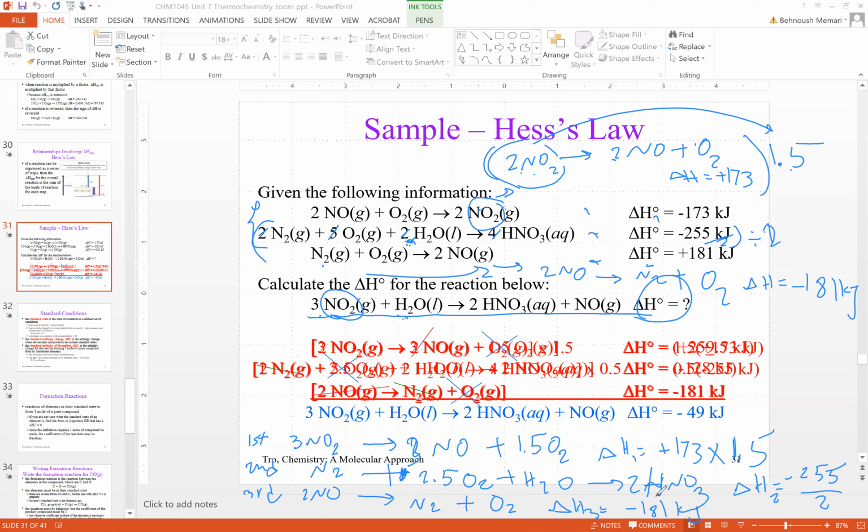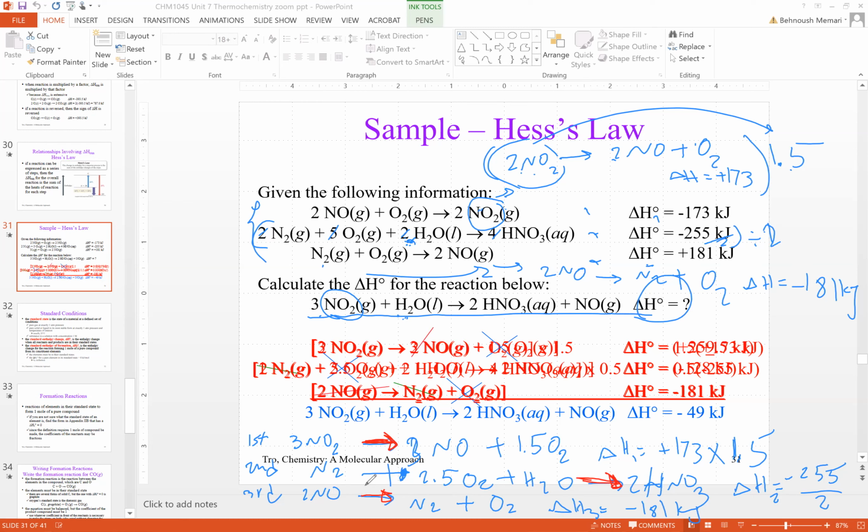Okay, let's add the first, second, and third reactions together. If you add the first, second, and third one together, basically what we are doing is drawing an arrow, and anything on the left side of the arrow, anything on the left side of this red mark, is going to go on the reactant side.